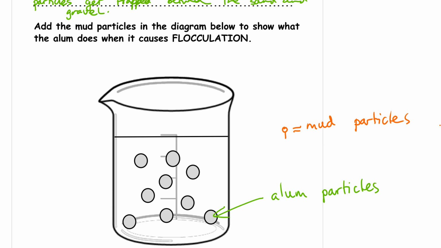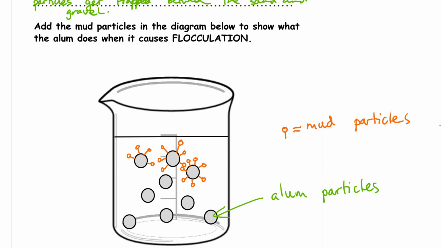And what happens is you add the alum to the muddy water, the mud particles are attracted to the alum, and under their own weight they're going to fall down much more quickly to the bottom.